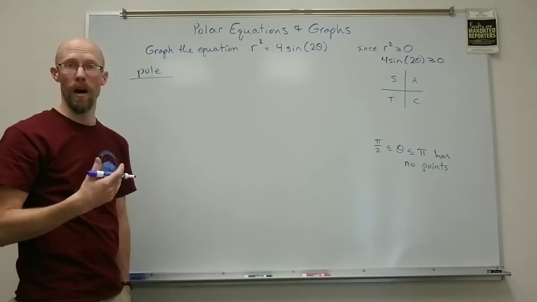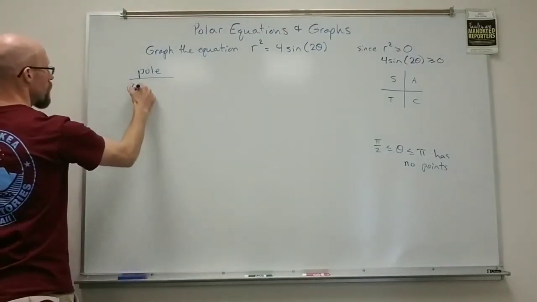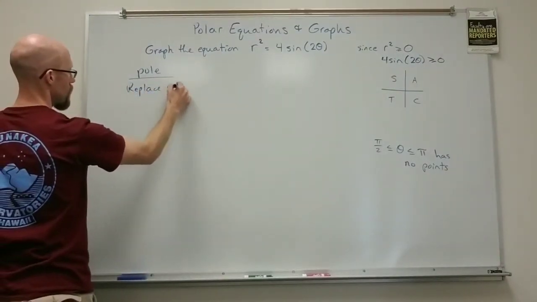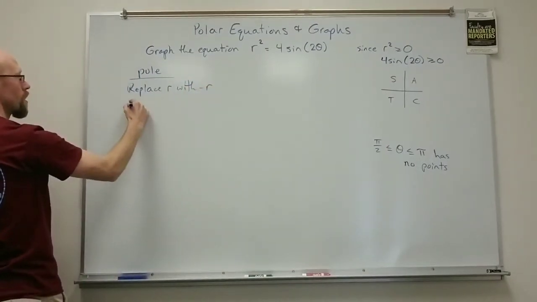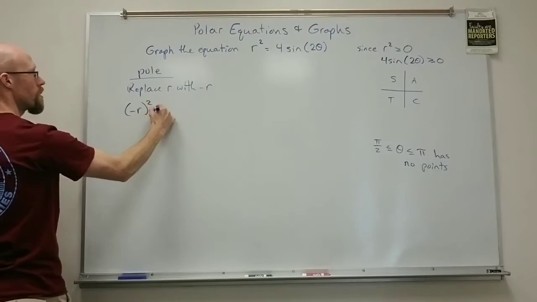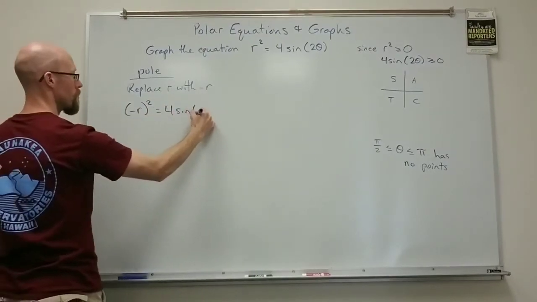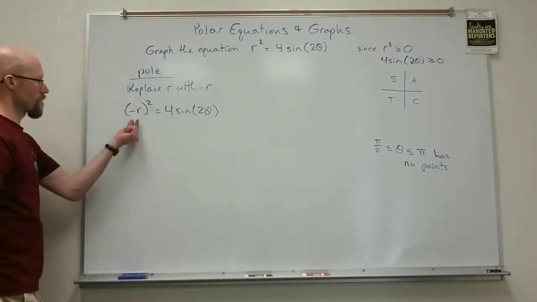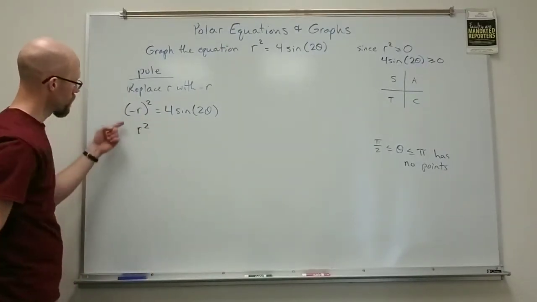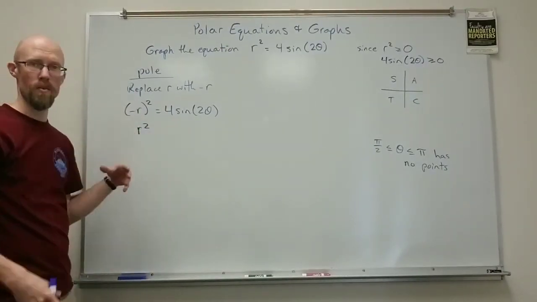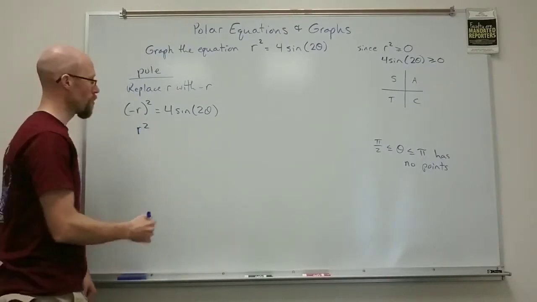I'm going to go with the r and the negative r. Replace r with negative r. And so I would take negative r squared equals 4 sine of 2 theta. Of course, negative r squared and r squared are exactly the same thing. Right? Negative squared and positive squared are always positive, they're equal.